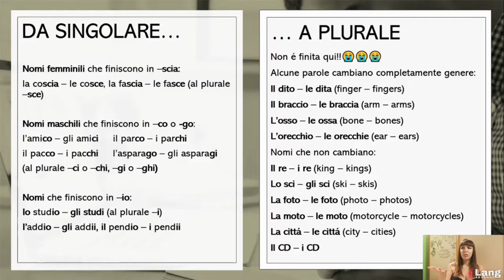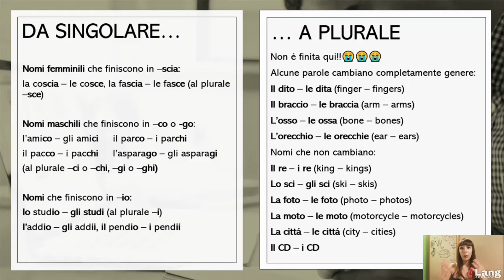We also have words that change the ending, as if you were changing the gender. So dito, that is finger, when it's plural will be dita. And braccio, that is arm, will change into braccia.